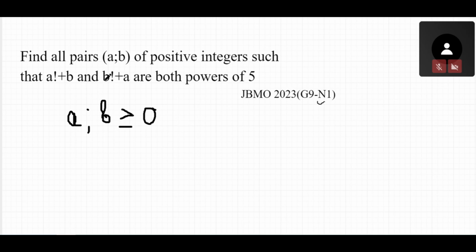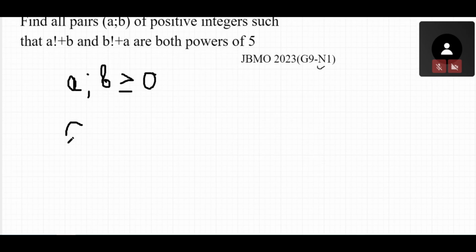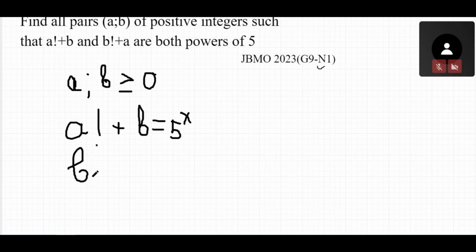Then it says that a factorial plus b is a power of 5, let's say 5 to the power of x, and b factorial plus a is 5 to the power of y. Okay, there are powers of 5.